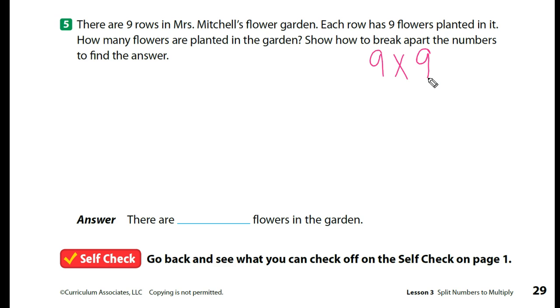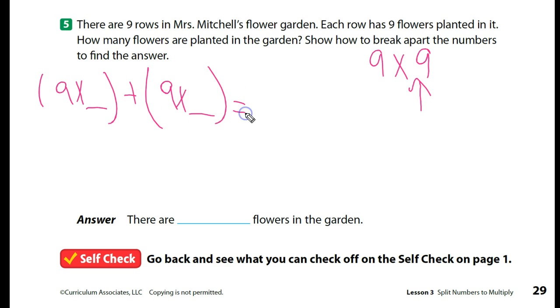I could use an array, or I could use parentheses first, right? I need to decompose this 9 right here. So I'm going to go 9 times a number plus 9 times a number equals something. So what 2 numbers added together give me 9? What could I use?